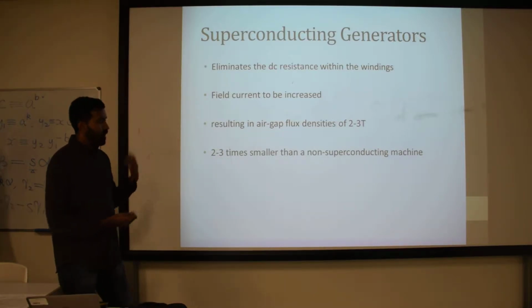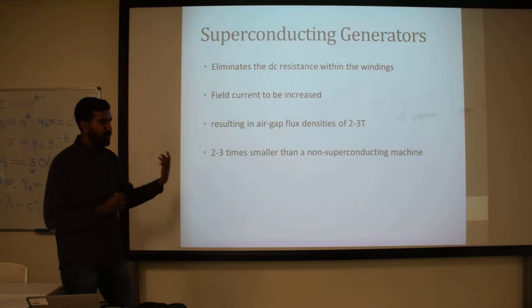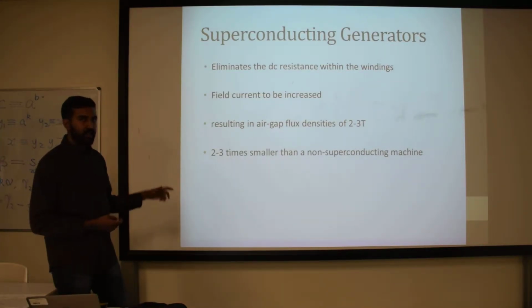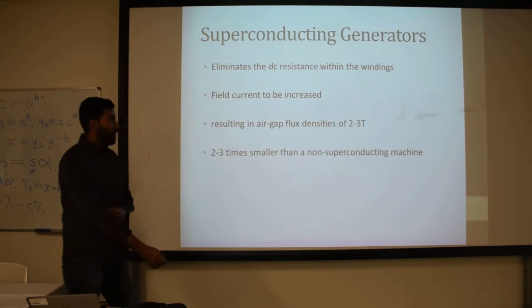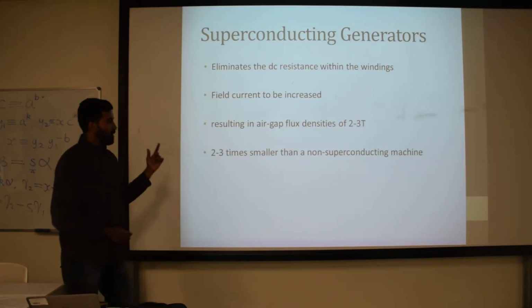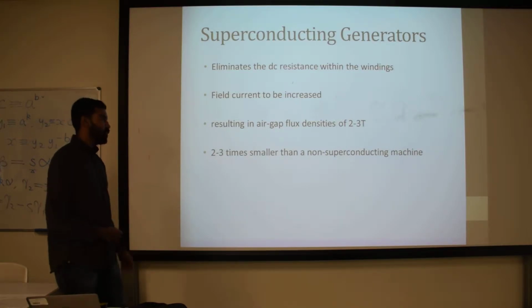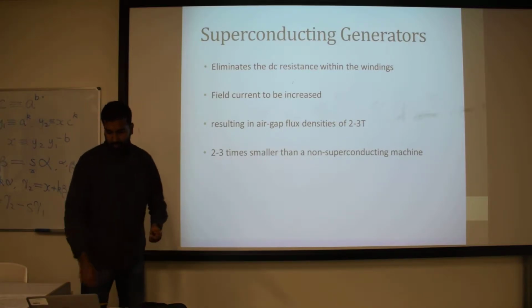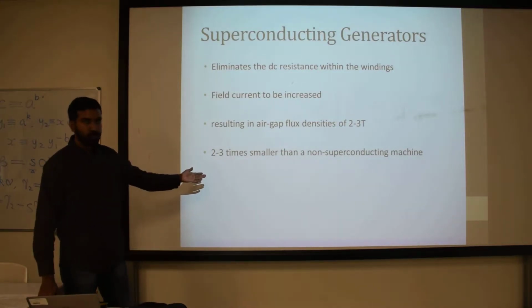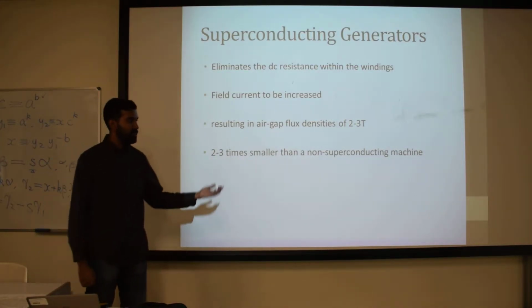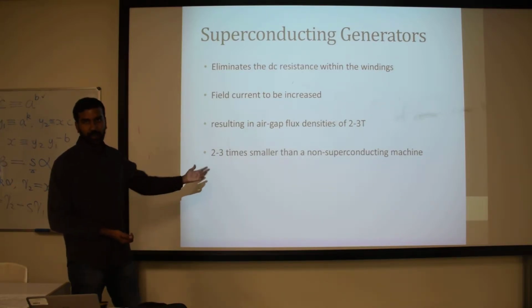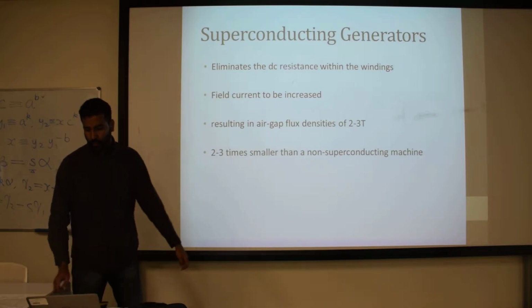That means the magnetic field in the air gap is 2 to 3 times higher than what you'd find in a synchronous generator or permanent magnet generator, which in turn means that the generators themselves are 2 to 3 times smaller for the same power. And because they are smaller, you can easily deploy them out at sea, where the bases and the transportation and maintenance become cheap overall.